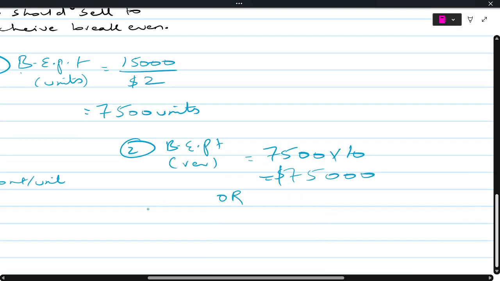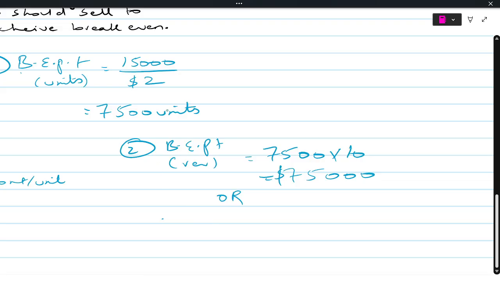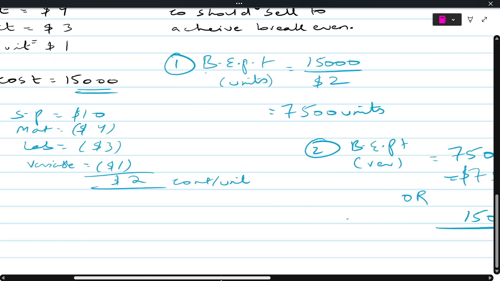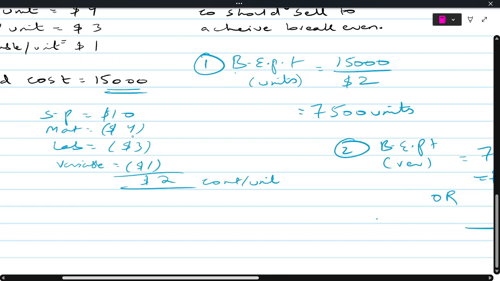Then you're going to use the second formula, which is that you'll take your total fixed cost, right? So total fixed cost was how much? 15,000, and you're going to divide it by the CS ratio. So CS ratio is basically the contribution to sales ratio, and I told you that you can take total contribution and divide it by total sales, right?